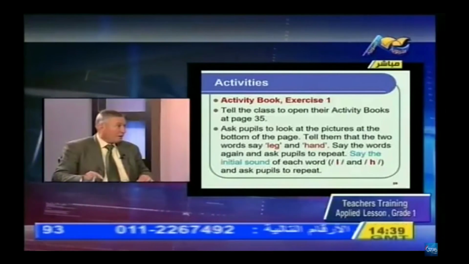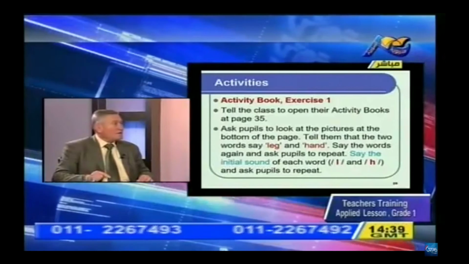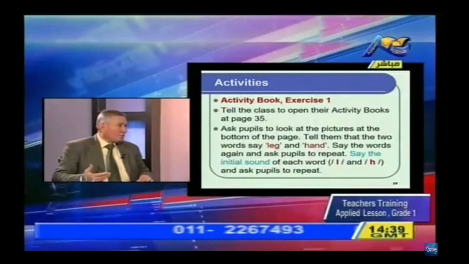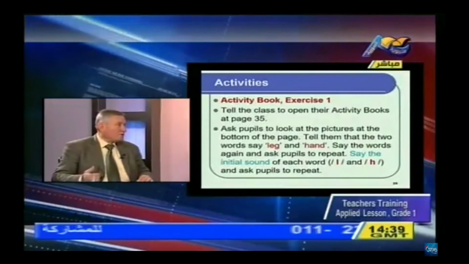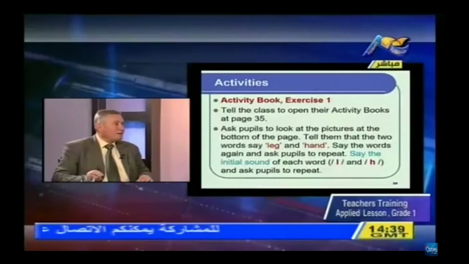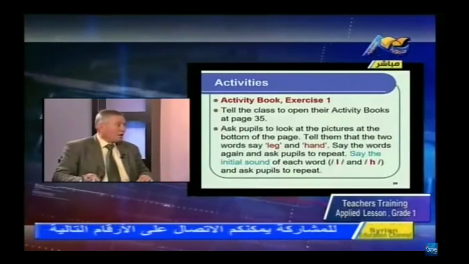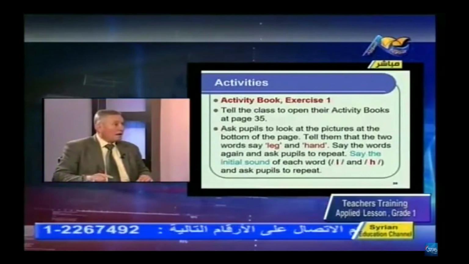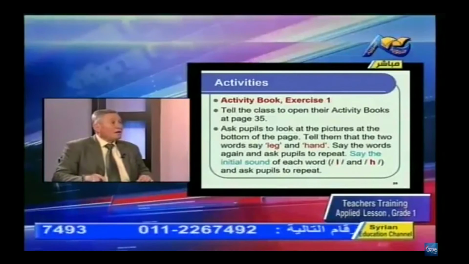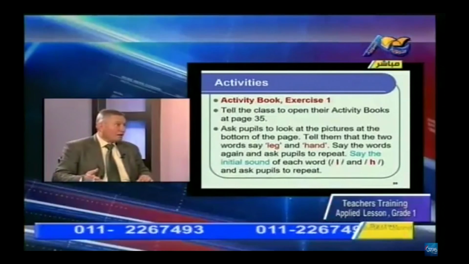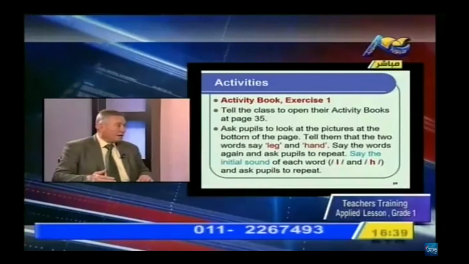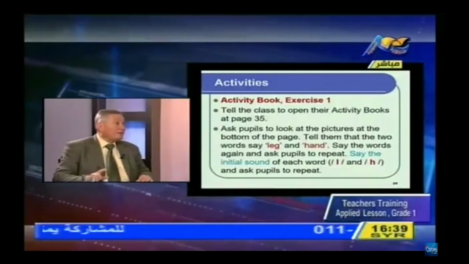He writes L and says L. Of course, as we mentioned in the previous seminars, we do not immediately tell them it is L and H. We say L, L, then H, H. After they learn that they are H and L, we can give them the name in the end.